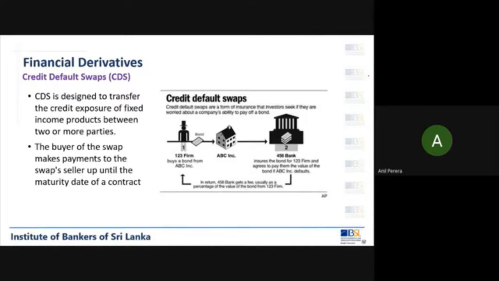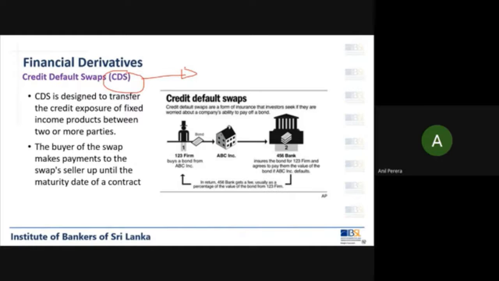Now I told you there is a third type of swap, credit default swaps. Now, what is the idea of credit default swaps? We call it CDS. They became very popular during the financial crisis.